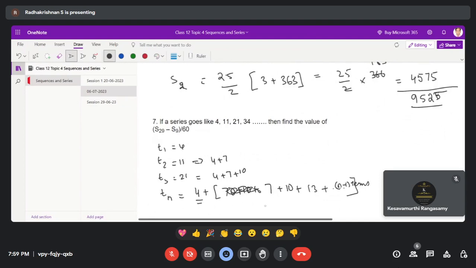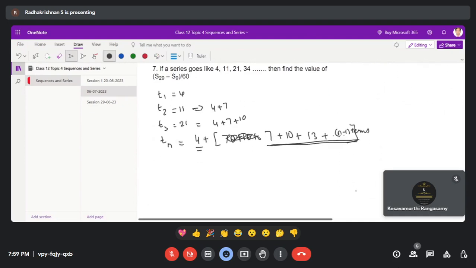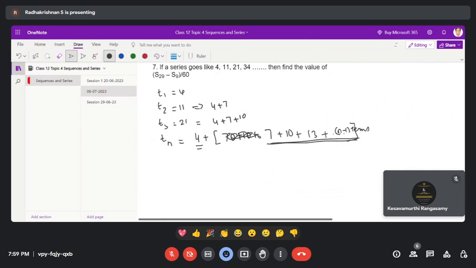So what is Tn? You have to get the formula for Tn in terms of n by solving this series. Solve this series and tell me what you are getting. Seven plus 10 plus 13 up to n minus 1 terms. What will that be?